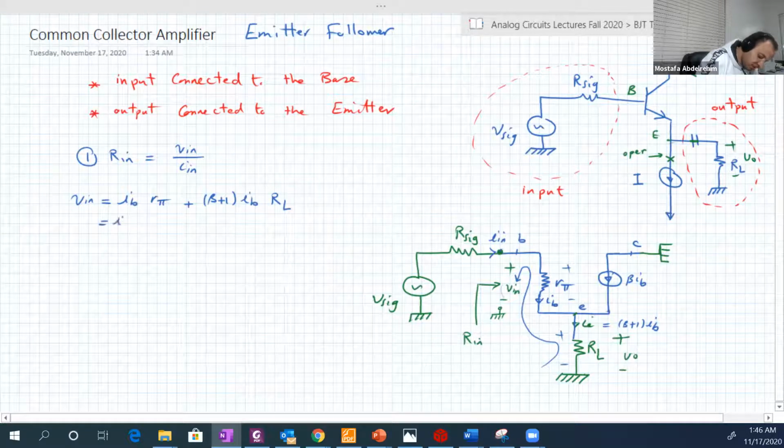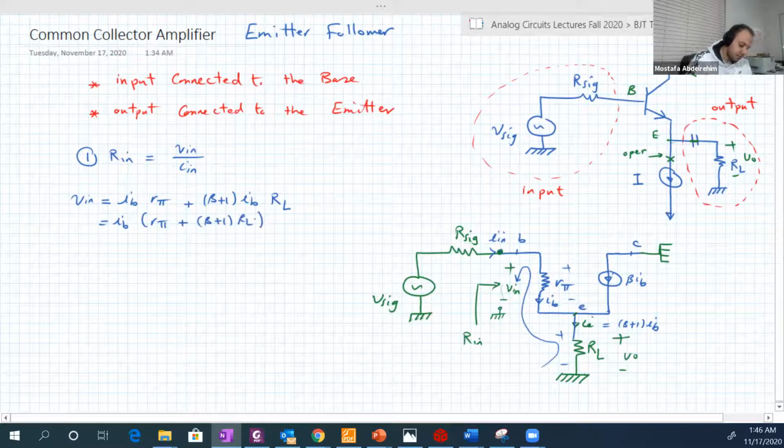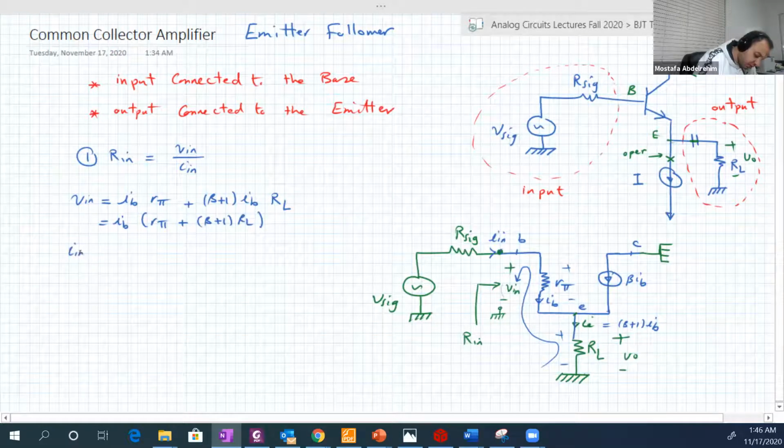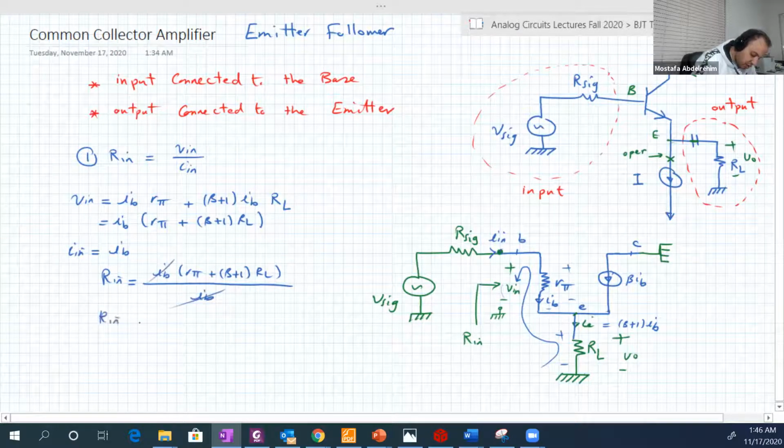Taking IB as a common factor, we end up with R pi plus beta plus 1 RL. And I input is basically IB because they are in the same branch. If we divide these two, IB cancels with IB, so RIN will be equal to R pi plus beta plus 1 RL.